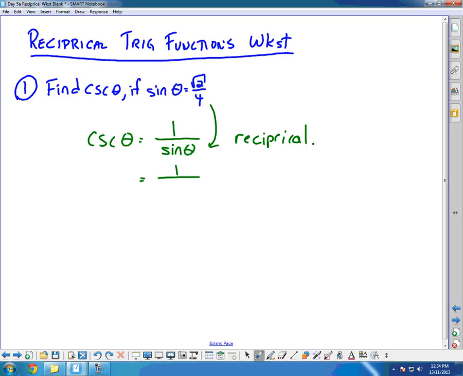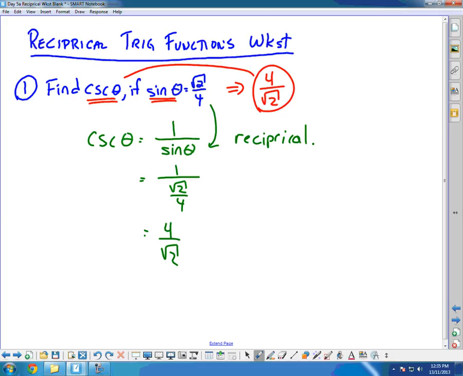So 1 over root 2 over 4, but of course when you divide fractions you have to take the reciprocal. These ones are pretty straightforward because it turns out that cosecant is the reciprocal of sine. And so if I want to take the reciprocal, I would just take the reciprocal, and there's my answer for cosecant.